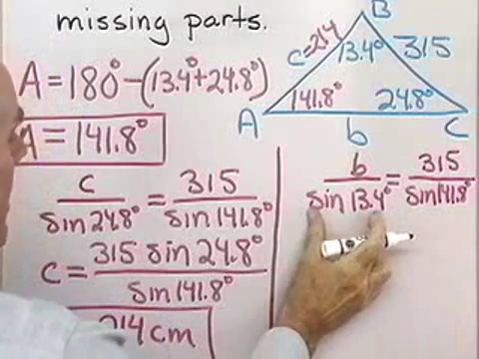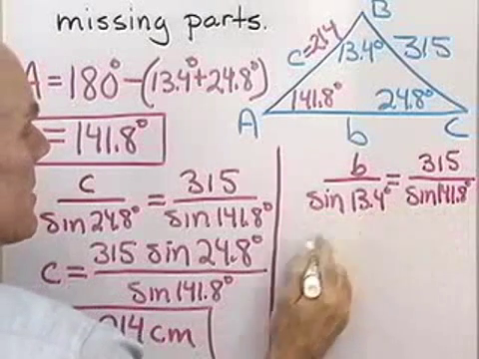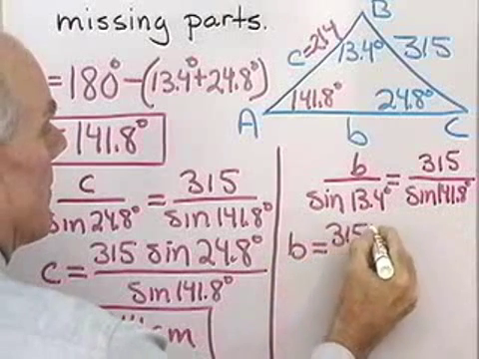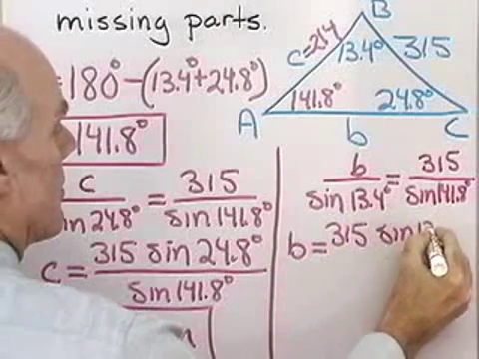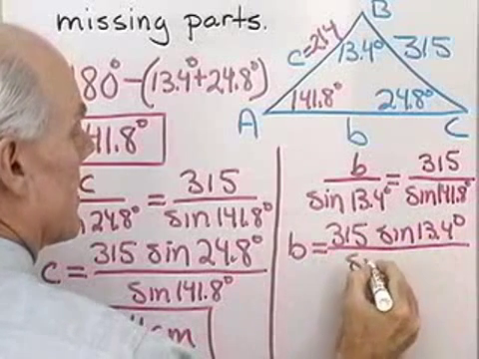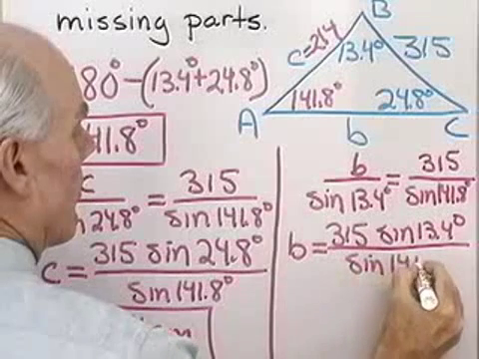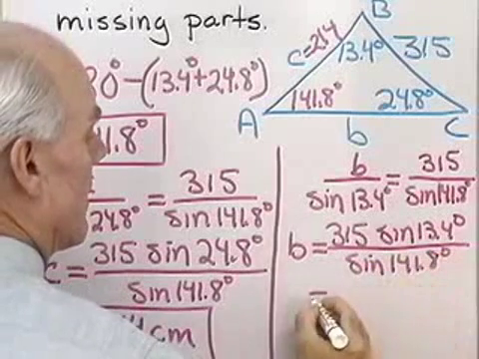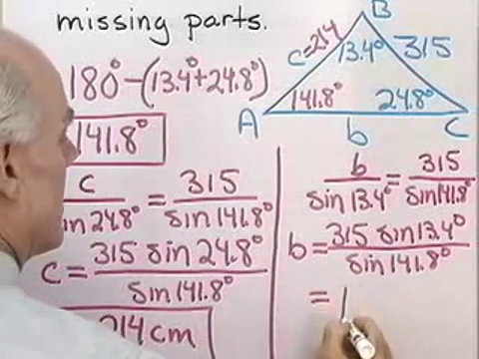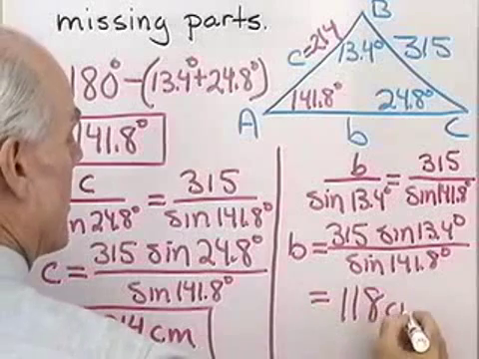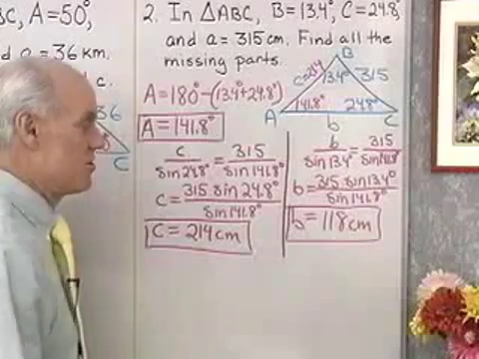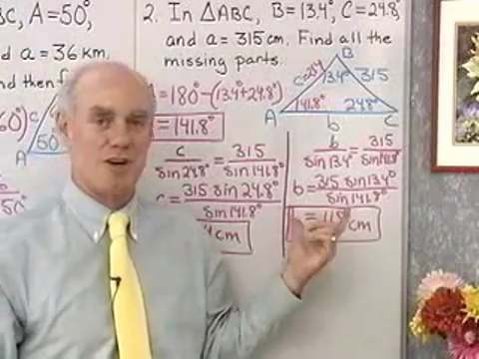I multiply both sides by sine 13.4 degrees, and I end up with b equal to 315 sine 13.4 degrees, all divided by the sine of 141.8 degrees. I work this out on the calculator, and I get 118 centimeters for the length of side b. So the law of sines, as you can see, is a very valuable tool in solving triangles.